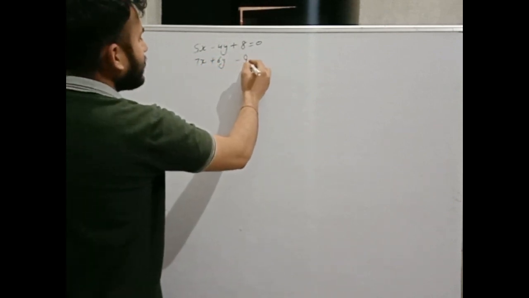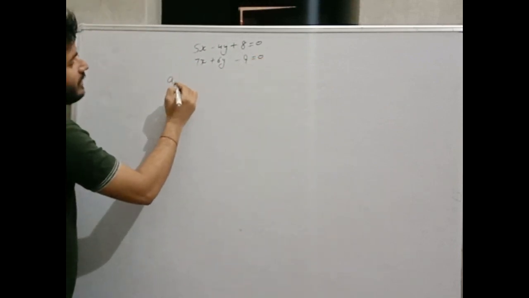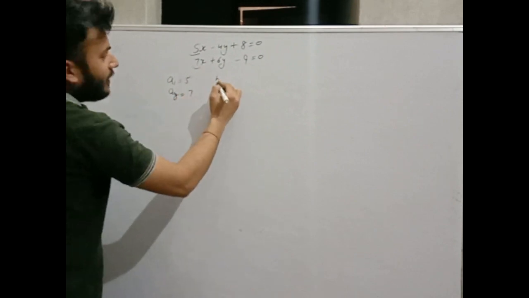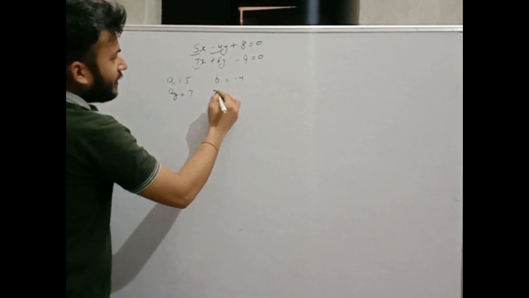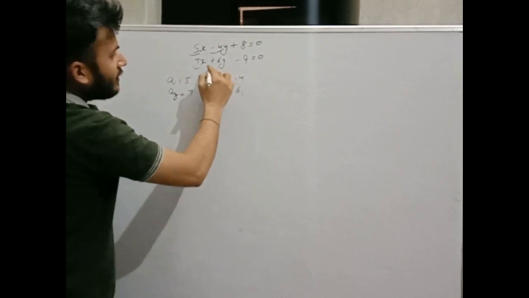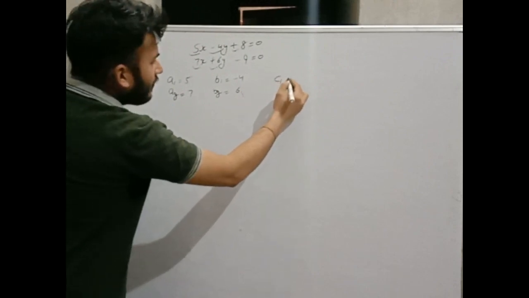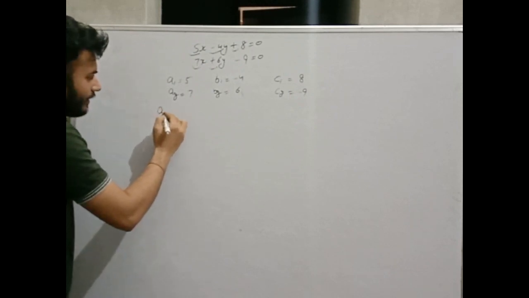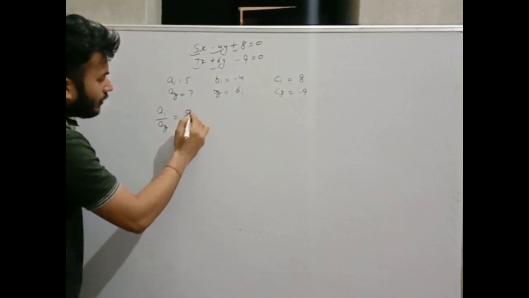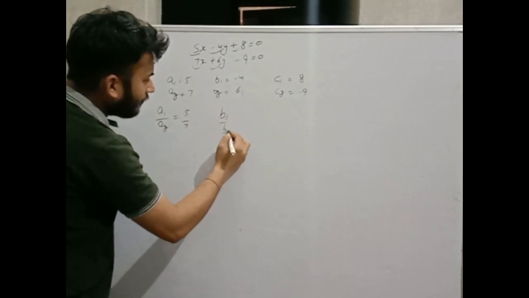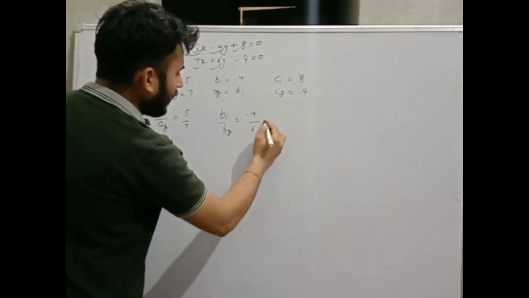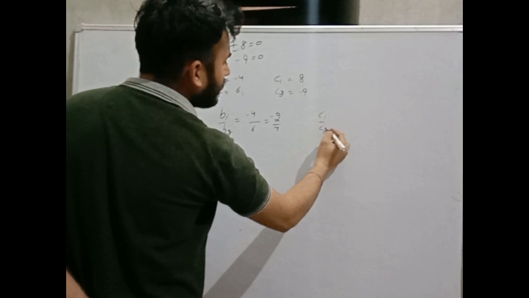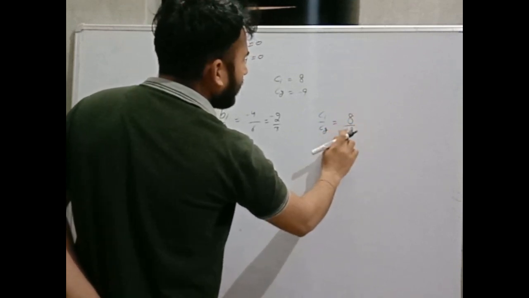Here A1 equals 5, A2 equals 7, B1 equals minus 4, B2 equals 6, and C1 is 8, C2 is minus 9. If I find the ratio of A1 by A2, it will be equal to 5 by 7. B1 by B2 will be equal to minus 4 divided by 6, which is minus 2 divided by 3, and C1 by C2 will be equal to 8 divided by minus 9.